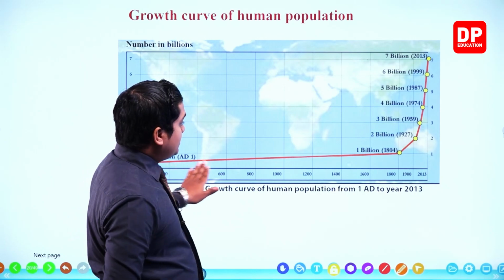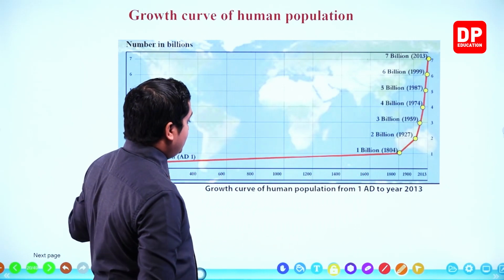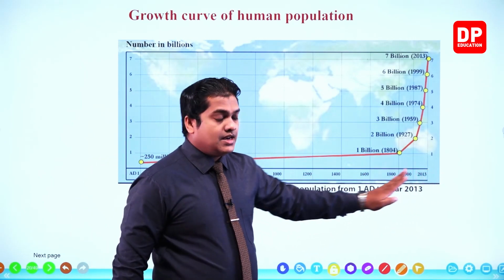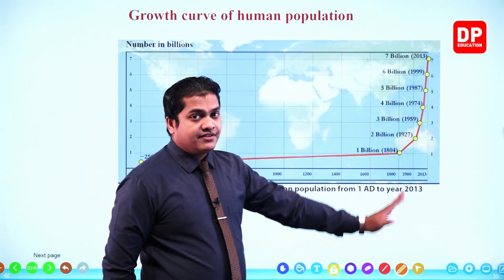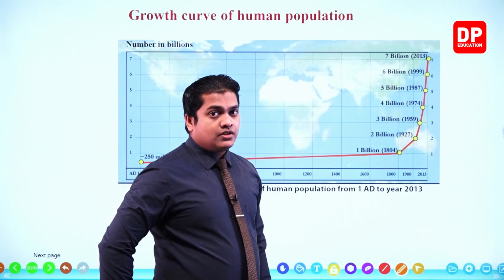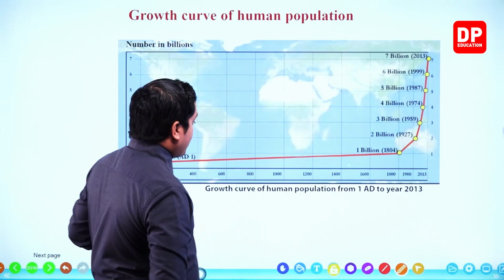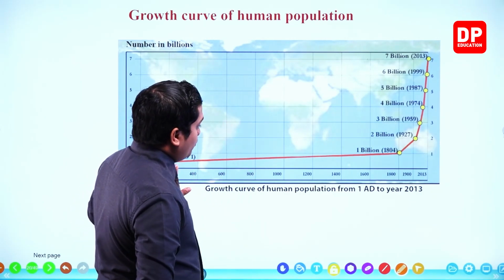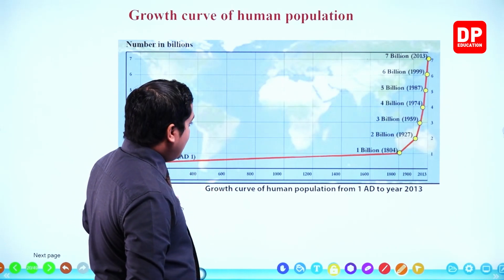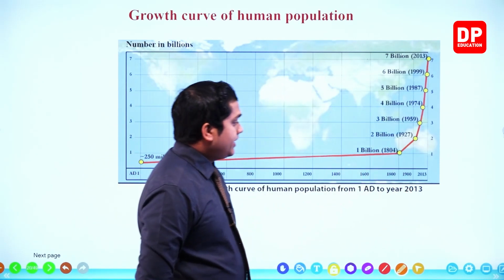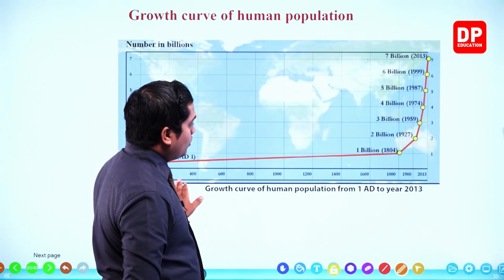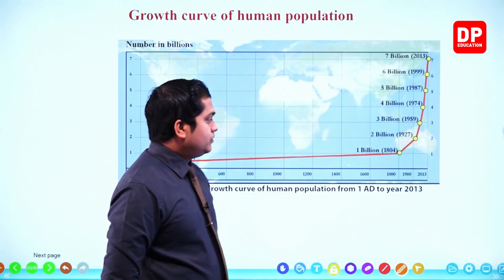So as you can see, this is the lag phase. This is the lag phase. You can clearly identify the population growth is very slow in the lag phase. So when moving from 1 AD to 1800 AD, the growth was very slow, right?